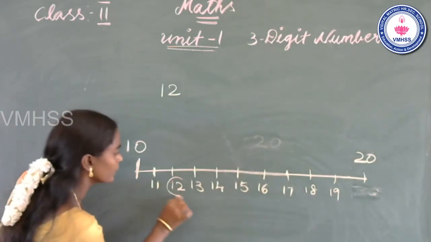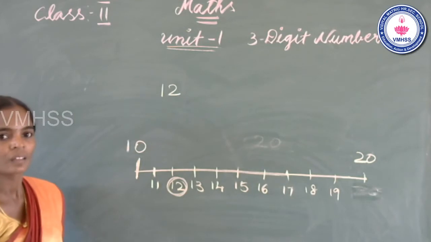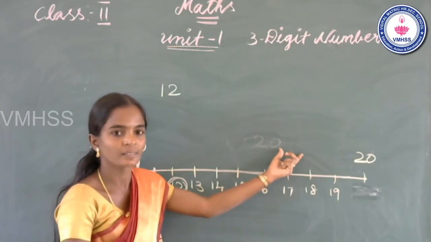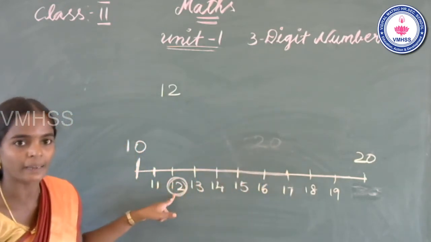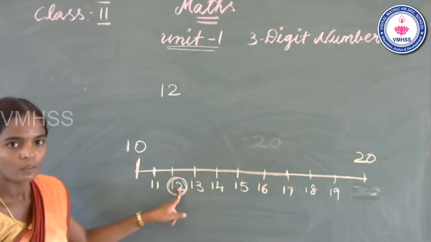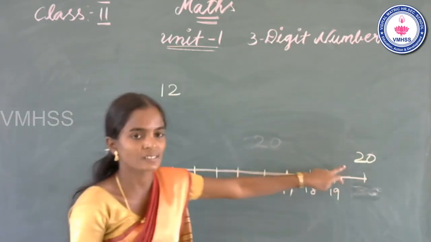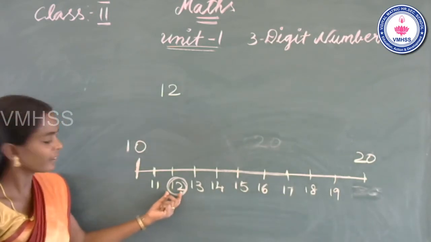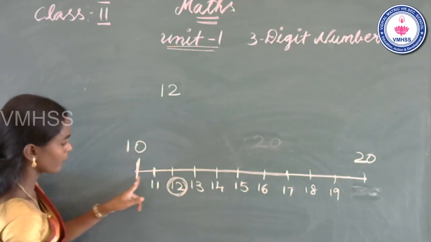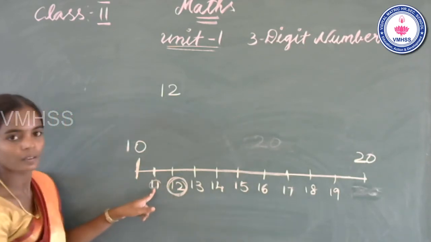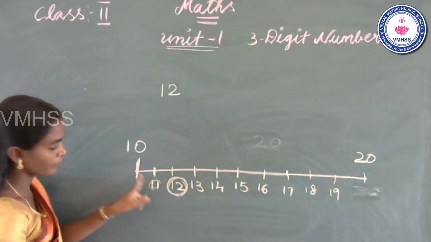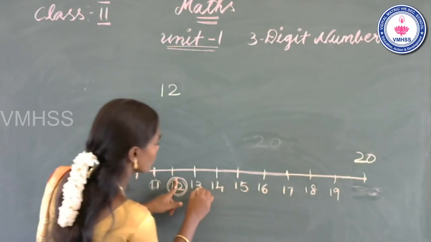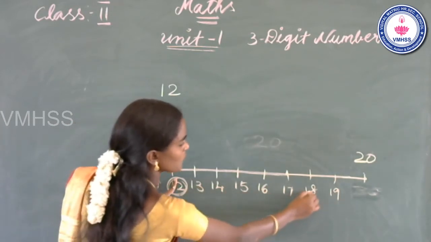Children, listen. So we take the number 12. Which is closer, 10 or 20? Which is the nearest 10 mark? This side 10, next side 20. On the left side there is only one number, but on the right side, 1, 2, 3, 4, 5, 6, 7.